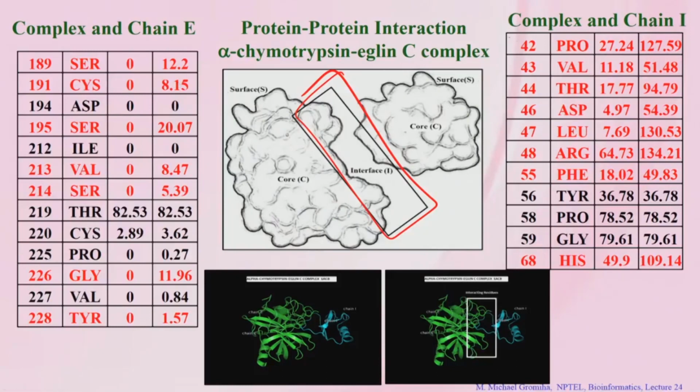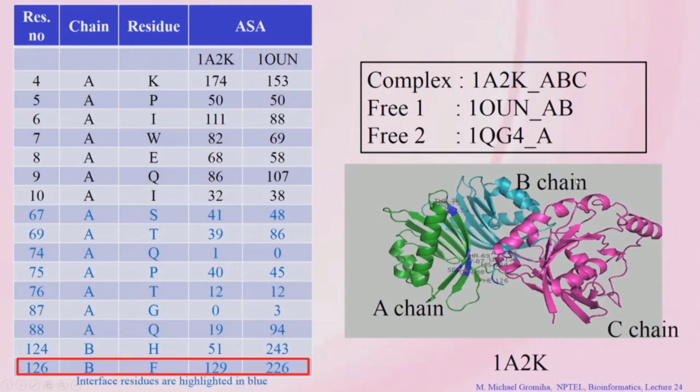Also if you see in this chain I, a continuous stretch 42 to 48, all these residues change the accessible surface area very drastically, from 127 to 27, 54 to 4 and so on. So, these residues we identify as binding sites. This you can also do in the case of protein complexes. This is another example, the same I explained earlier.